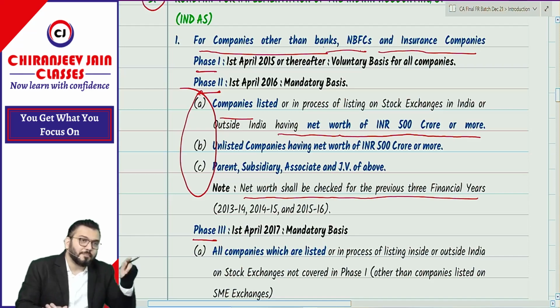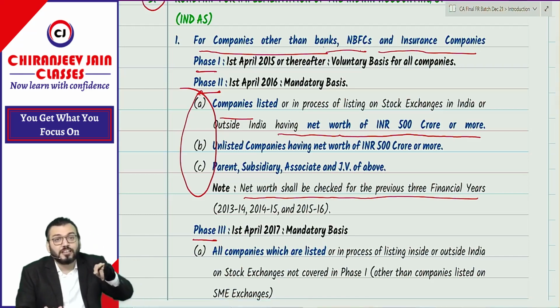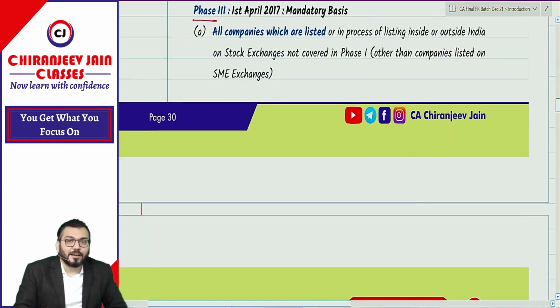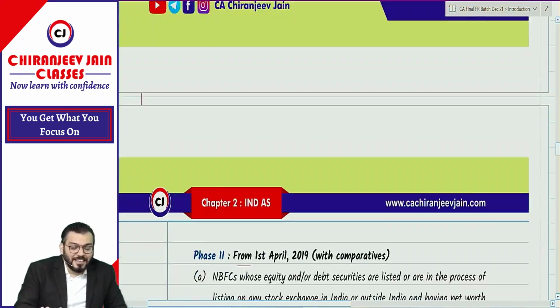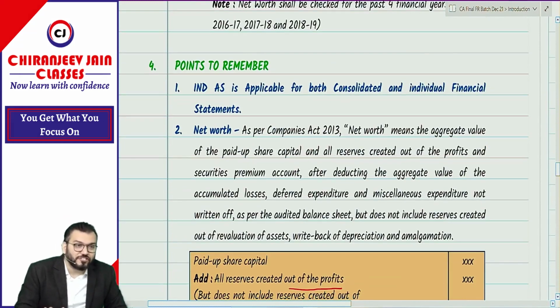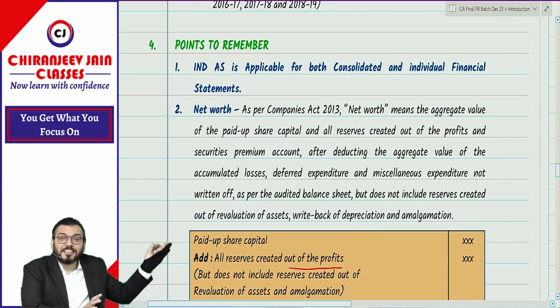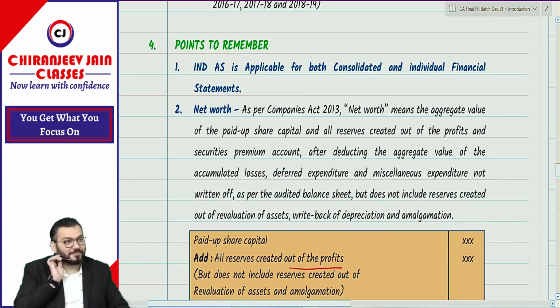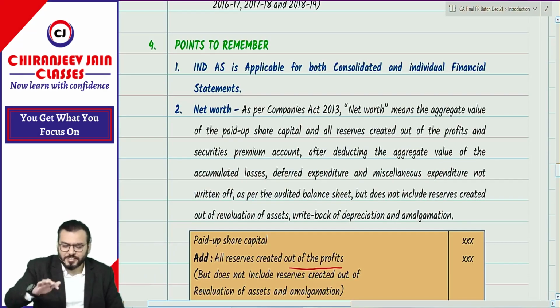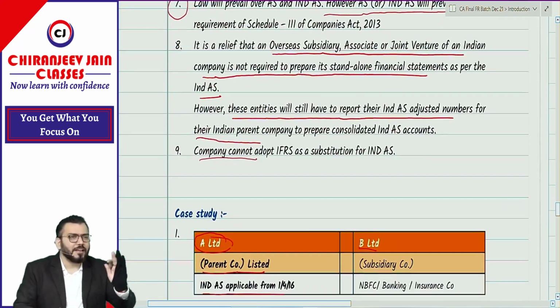Now B Limited is a banking company, insurance company or NBFC, and they are also a subsidiary of a listed parent company. Whether Ind AS will be applicable from 1/4/2016 or as per their applicability time? What do you think? Apply your common sense and say.